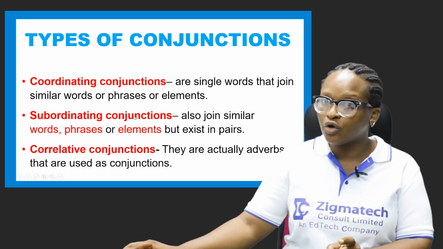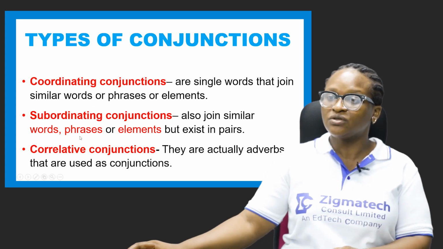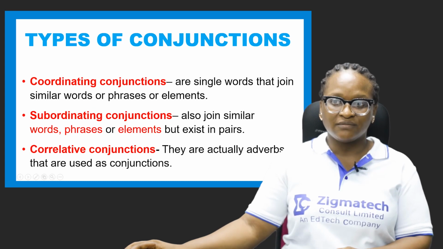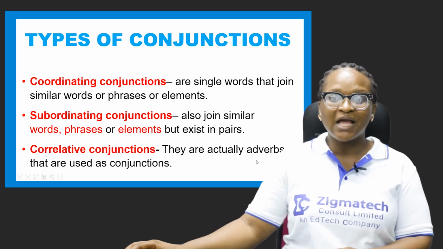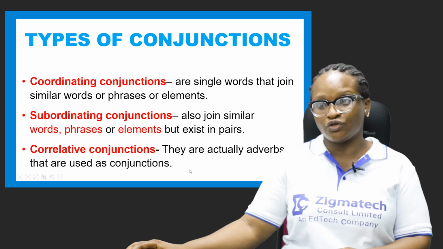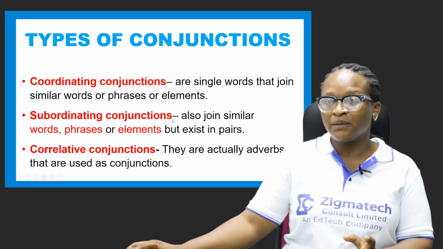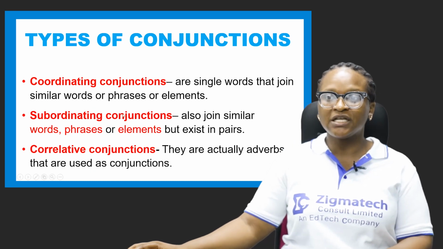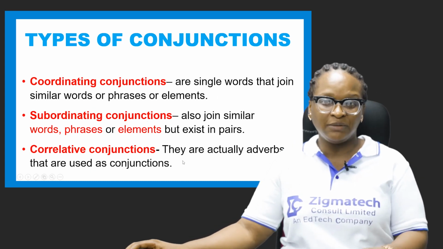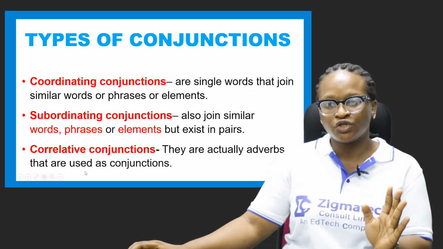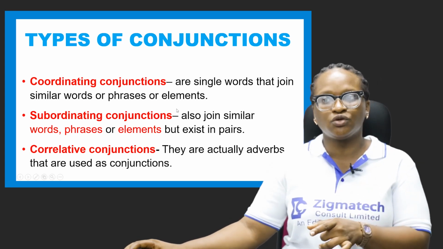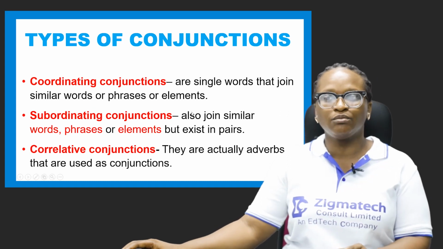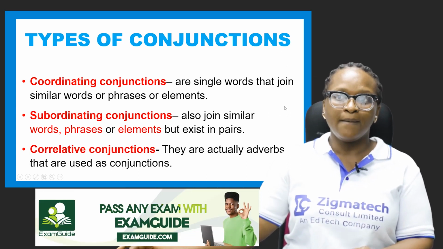Please pardon the error, it's just a mistake. So subordinating conjunctions are actually adverbs that are used as conjunctions, while correlative conjunctions join similar words, phrases, or elements but exist in pairs.